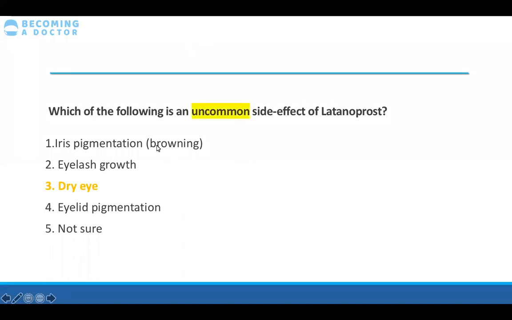All the others are common side effects of latanoprost, and that's why it's important to know about this treatment. You can experience browning of the iris, eyelash growth, and eyelid pigmentation. And quite commonly, even as an exam question, you might see a patient coming in complaining that the color of her eyes has changed and she's very worried, and she'll be on latanoprost.